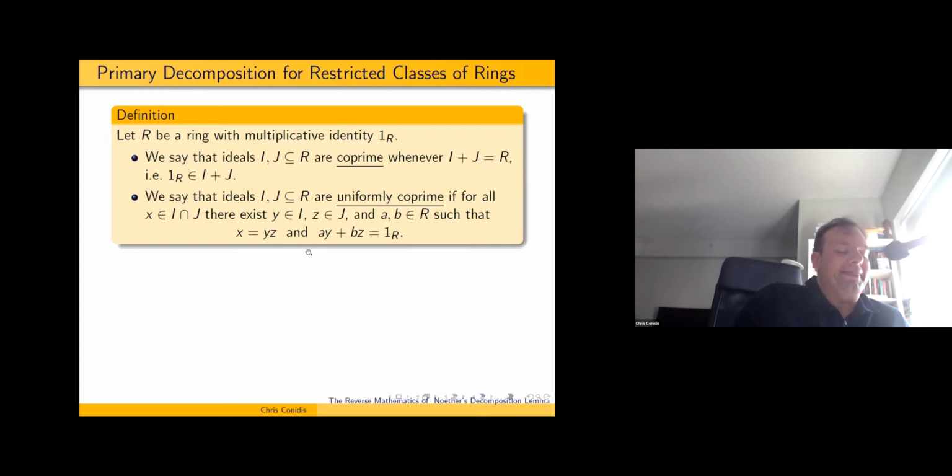And also at the same time, this is where the uniform part comes from, there's a linear combination of y and z that is the identity. So y and z both multiply to give you the x in the intersection, and you can generate the identity element of the ring from the same y and z you got when you split x.